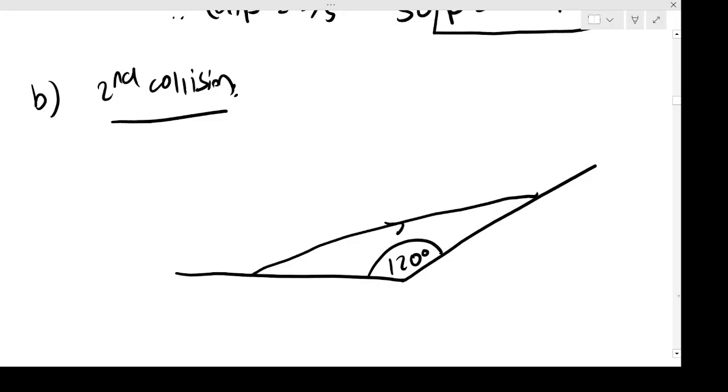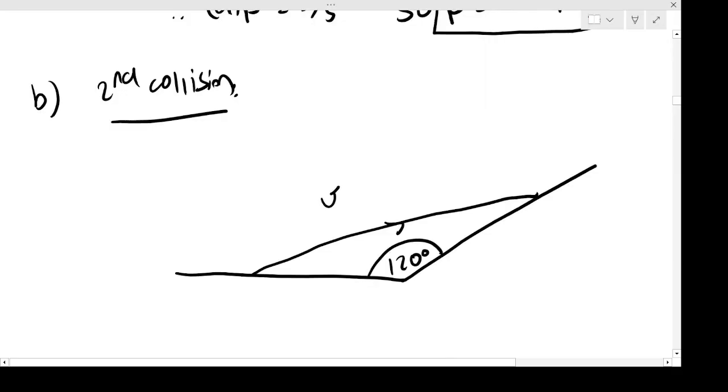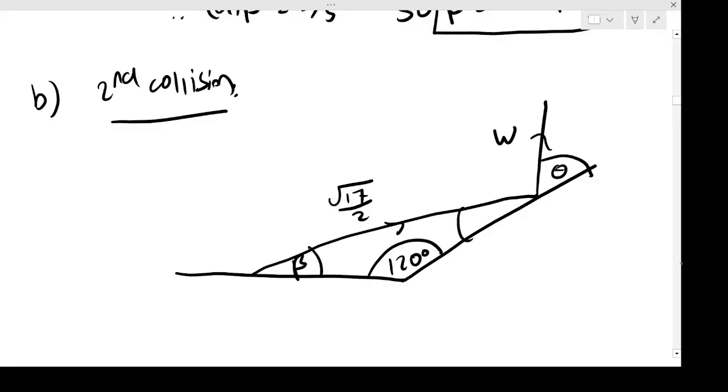So that's my speed v, which we worked out to be root 17 over 2. Then it goes on to hit, then the speed after that collision I'm going to call w. The angle after the second collision is theta. This is beta, remember. So the remaining angle in the triangle has to be 180, take away 120, take away beta. So it's going to be 60 take away beta. Hopefully happy with that.